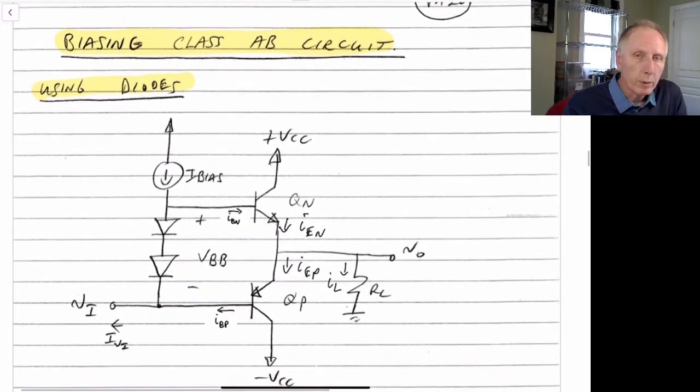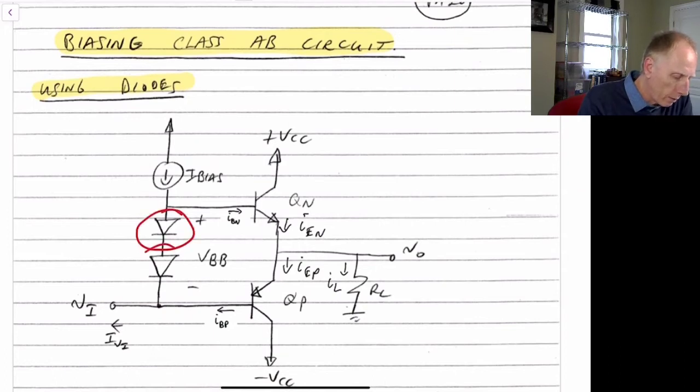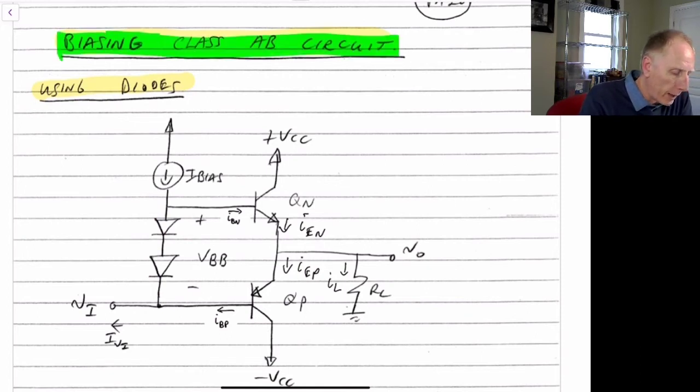So far we've talked about just putting in voltages at this node here, but now we want to talk about how to actually realize that VBB voltage, so how to bias it. We'll use diodes for biasing this.